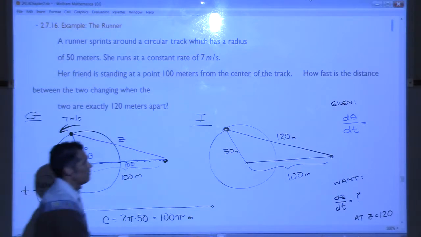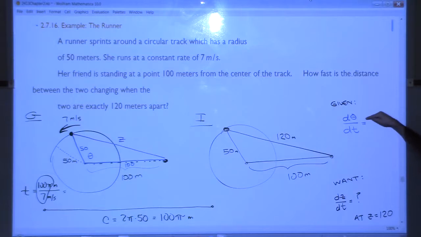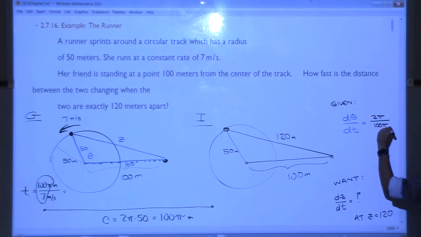So when we're looking for d theta dt, it's going to be the angle we go through, which is 2 pi, that's 1 revolution around the track, divided by the amount of time it took us to do that, which is 100 pi over 7.